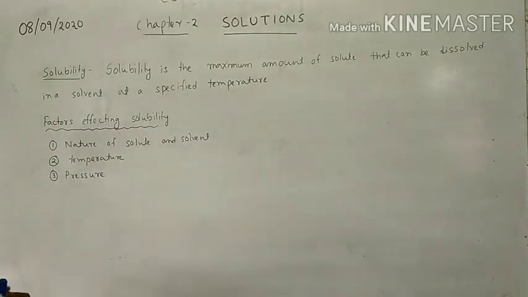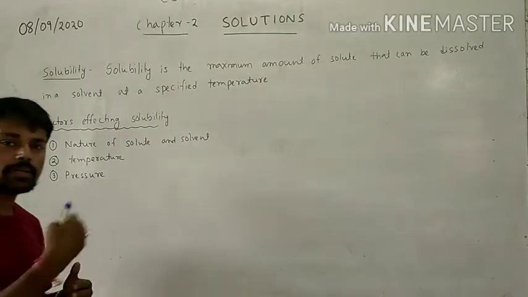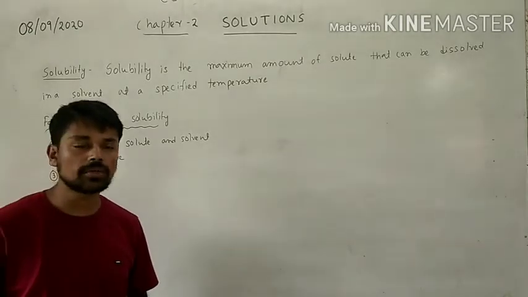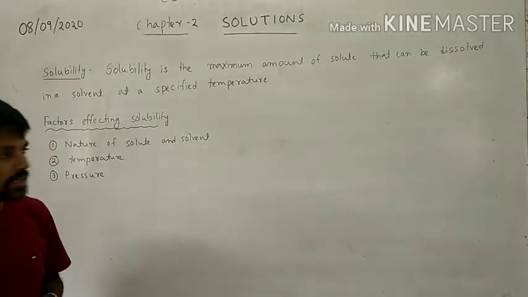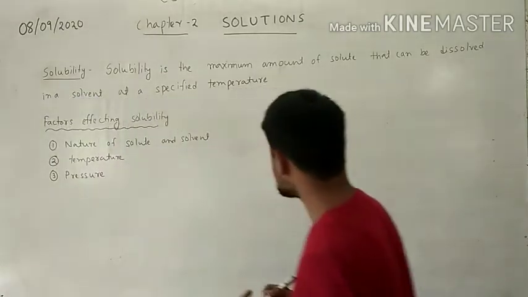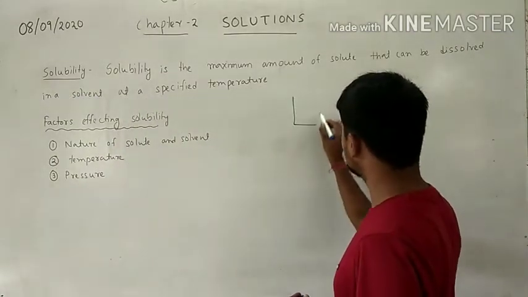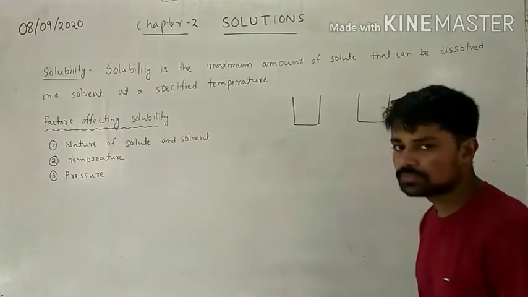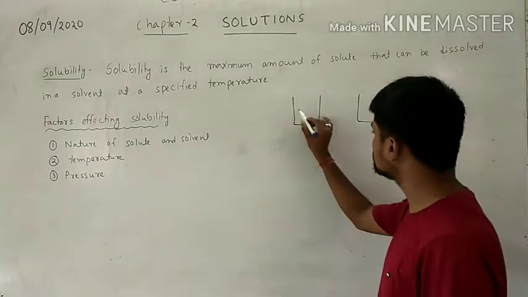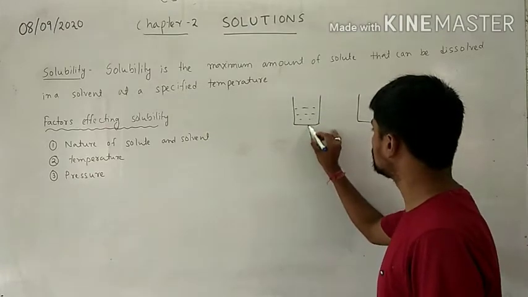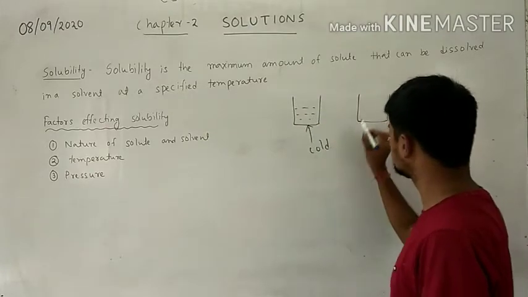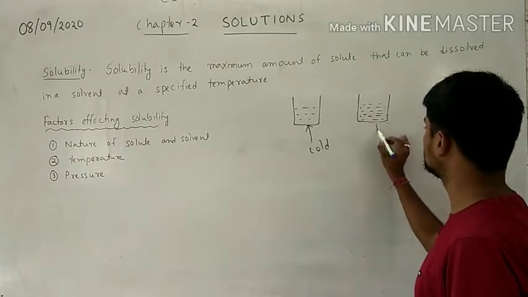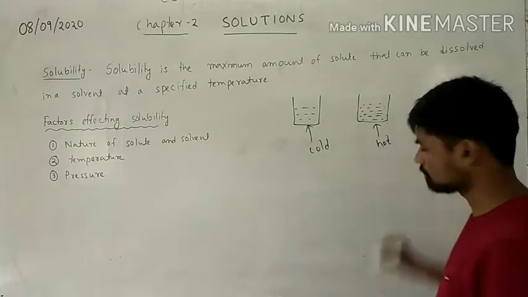That means if the temperature changes, the solubility of the solute in the solvent also changes. For example, let us take two beakers. One has cold water and another beaker has hot water.